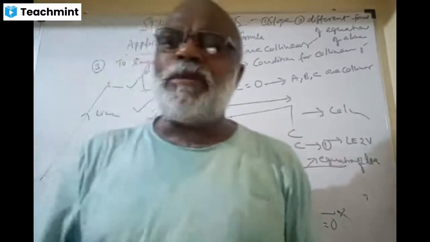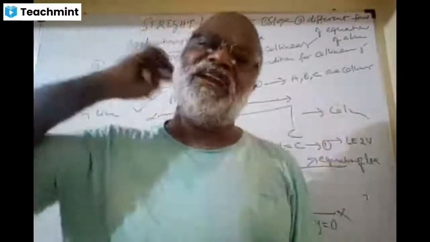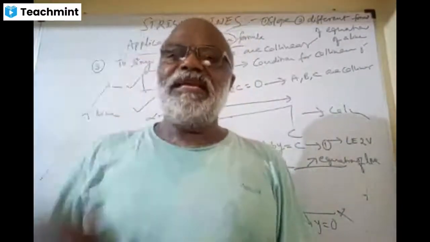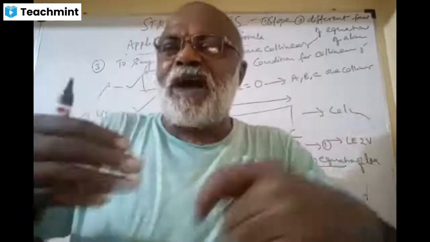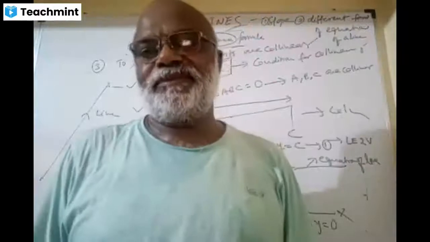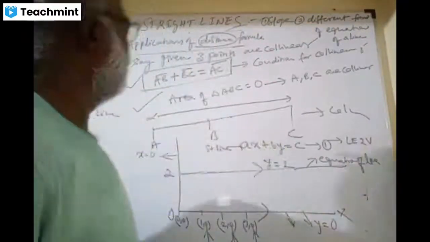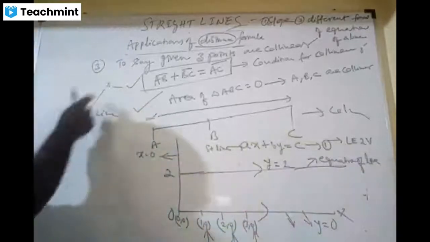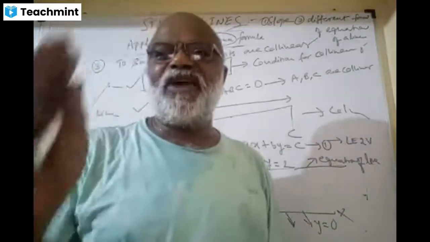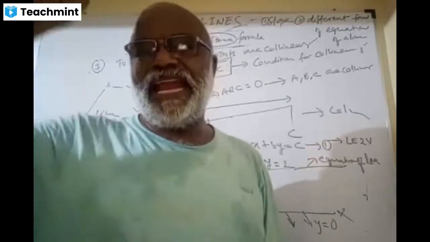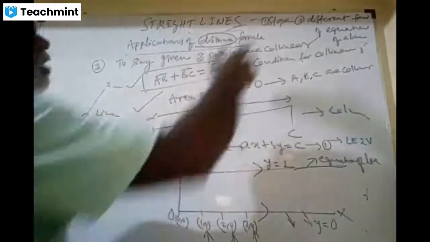So we are going to talk about equations of lines, and the different forms of a line. A line is described by different forms. That's called different forms of the equation of a line. Friends, that is what we are going to learn.